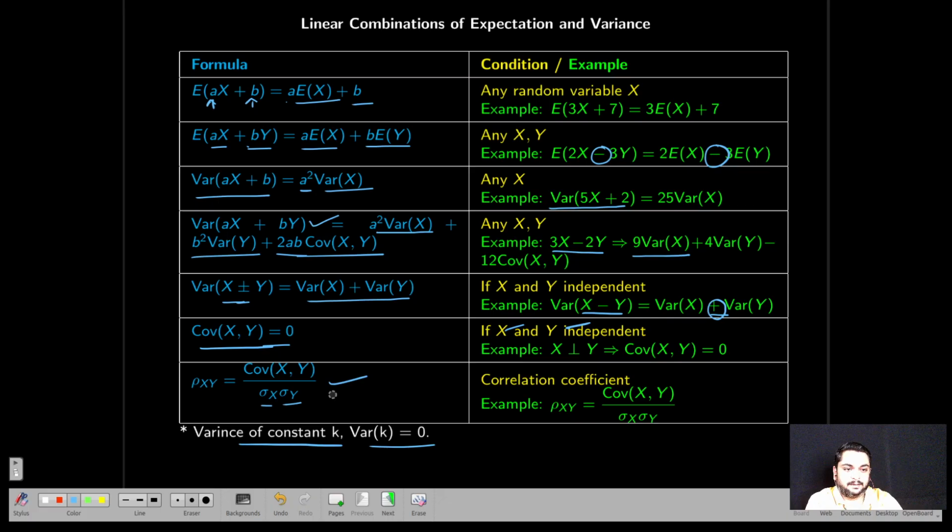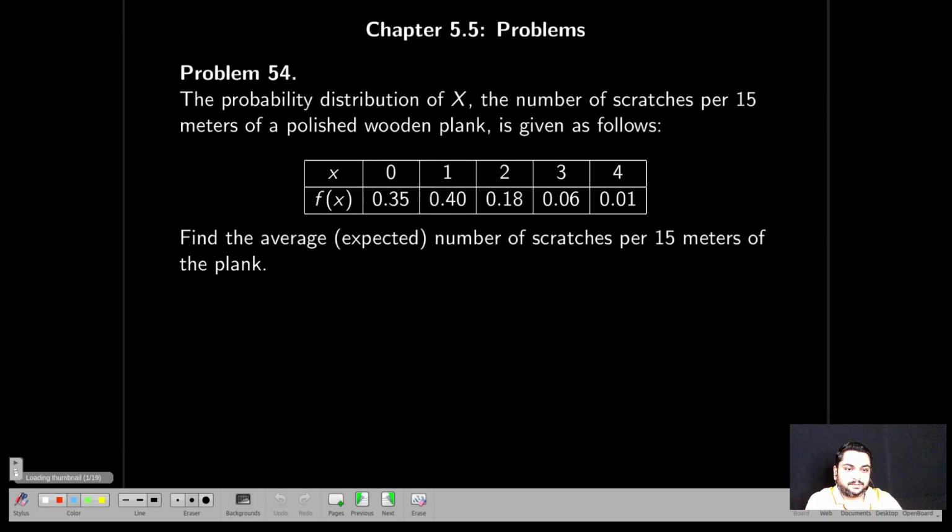Let us see how we can apply this in the problems. Let us take the problems. On the entire concept that we have learned, the probability distribution of x is given here, that is, a PMF is given. You have to find the expected number of scratches per 15 meters of the plane. So what is E of x?